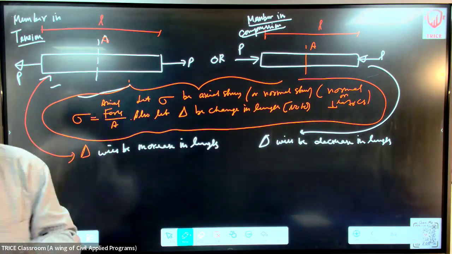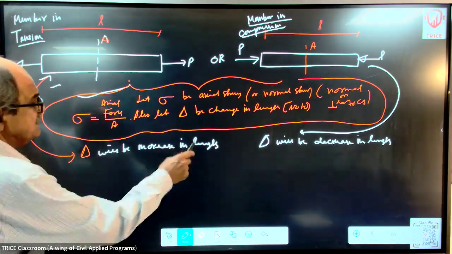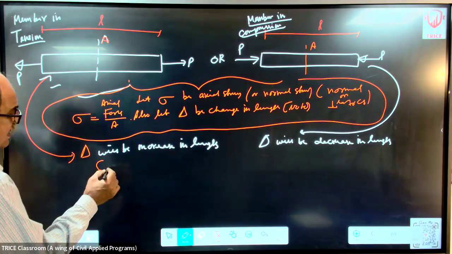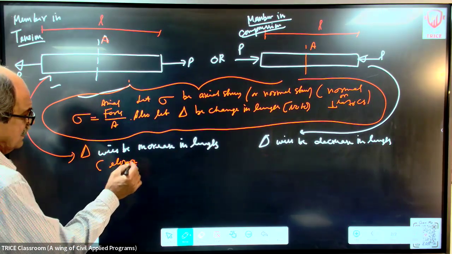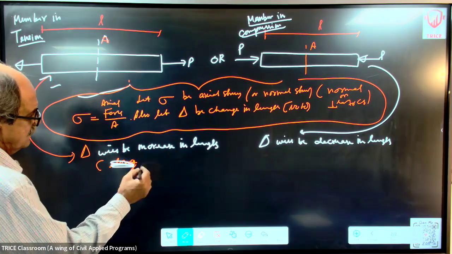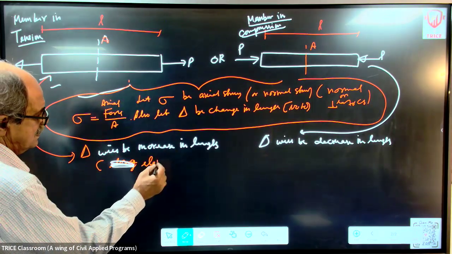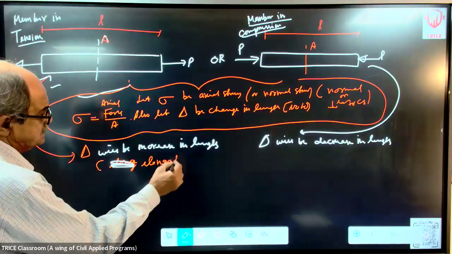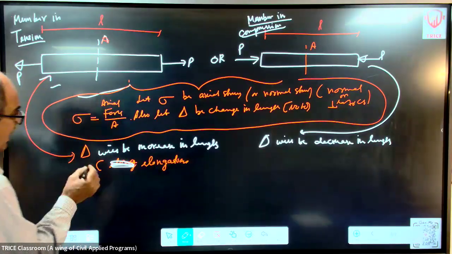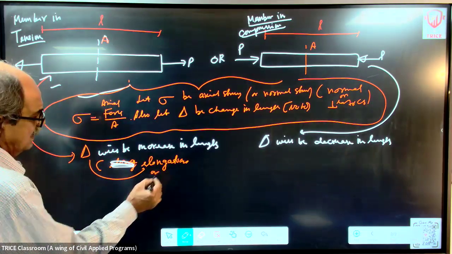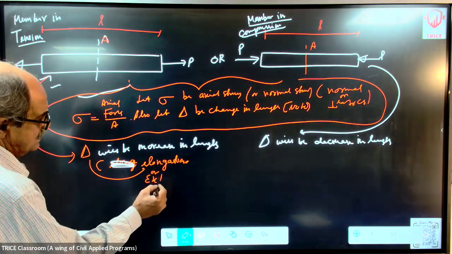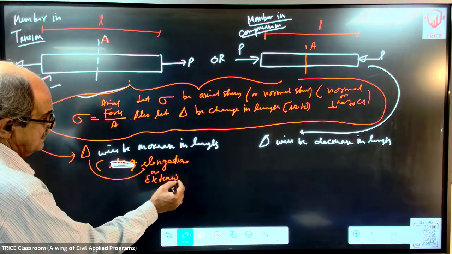I already explained to you. Now, instead of increase in length, some people call it elongation. Both have the same meaning. Some people call delta elongation or extension, all the same meaning.